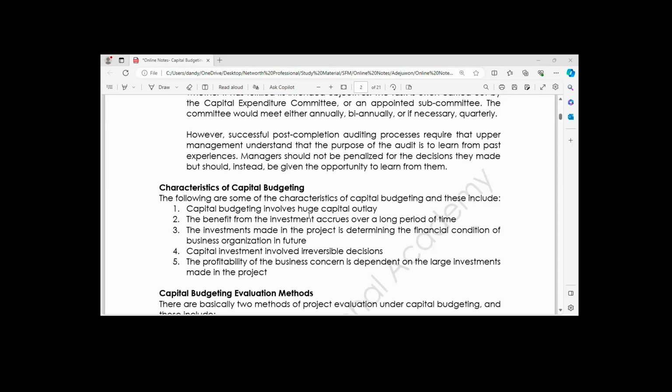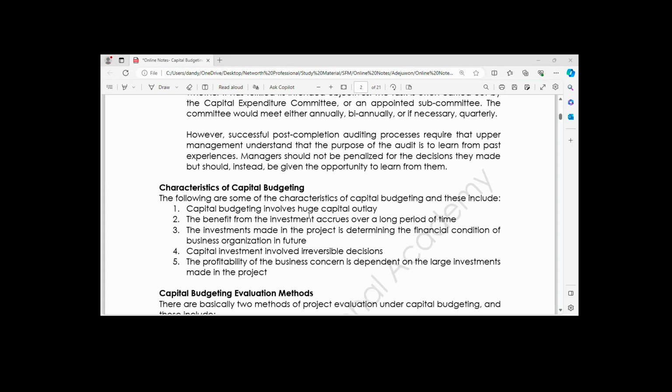The reason being that mostly these financial resources are not readily available. It's not always adequate. Therefore, you want to ensure that your limited scarce financial resources are being used judiciously.